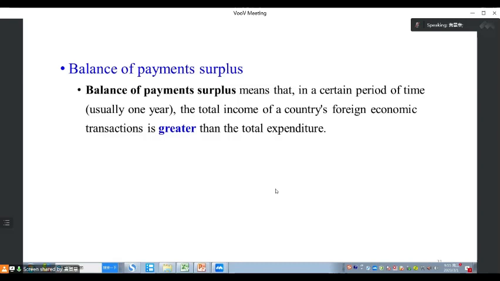In a short word, we can say the surplus of balance of payments means one country's foreign economic income minus the total expenditure in foreign currency.